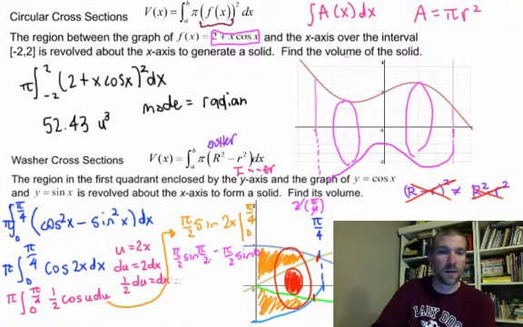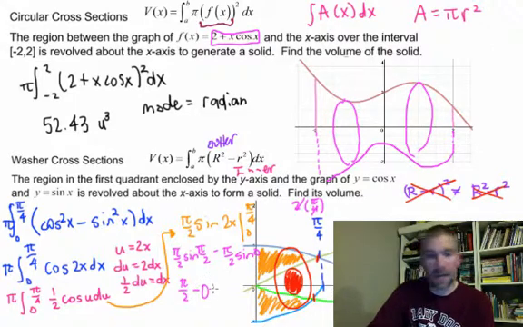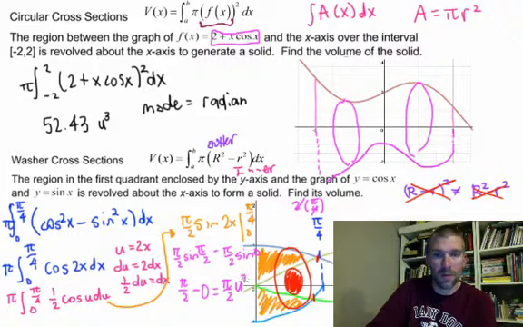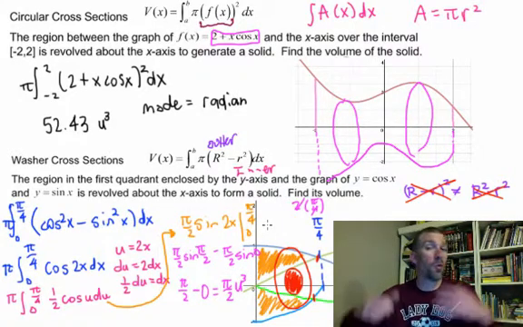Okay, so the sine at pi over 2 is 1. So that's going to be pi over 2 times 1, minus pi over 2 times the sine of 0, which is 0. And so for this particular guy, we're going to get pi over 2 units cubed. All right, and that's using your washers.